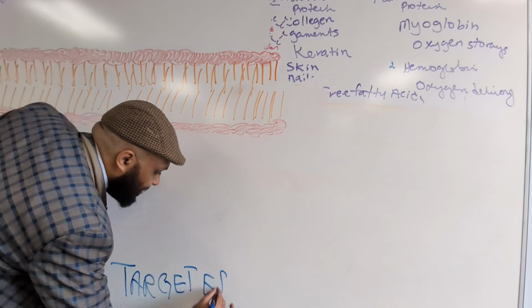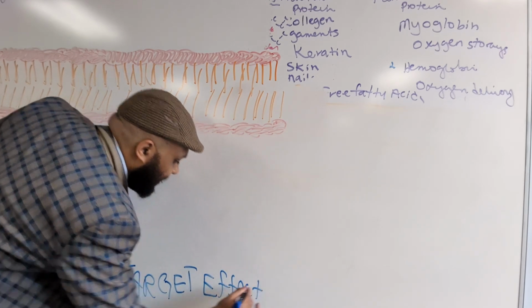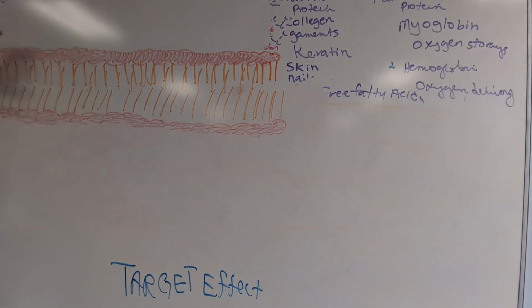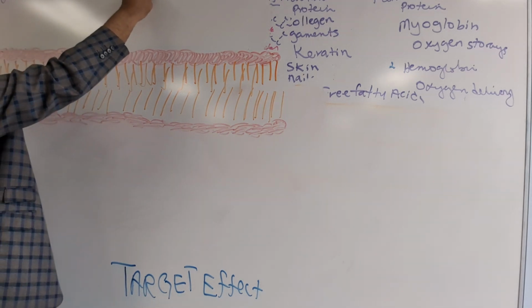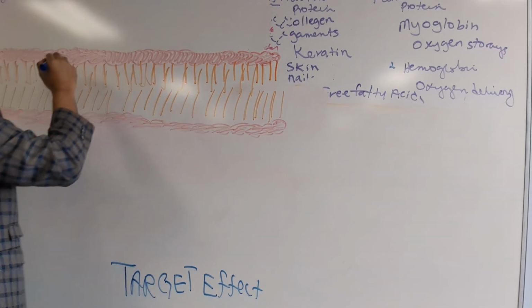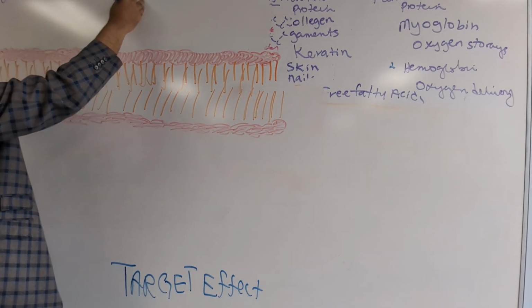How do I get a target effect? I get it through my hormones. How many different types of hormones do I get?